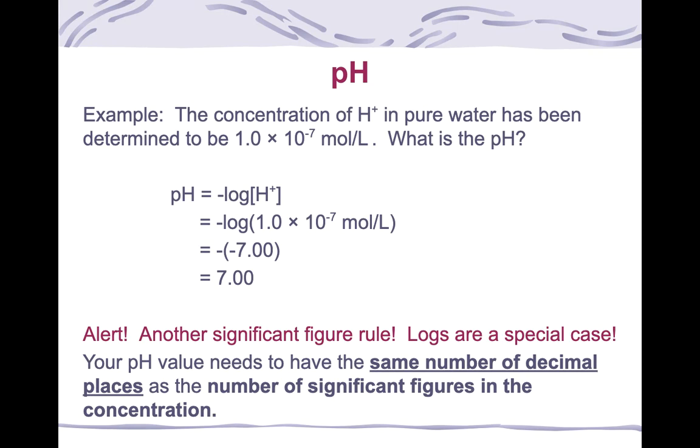When we look at the concentration here, 1.0 times 10 to the negative 7, the 1.0 has 2 significant figures. So our pH has to have 2 decimal places. That's why I've written it as 7.00.